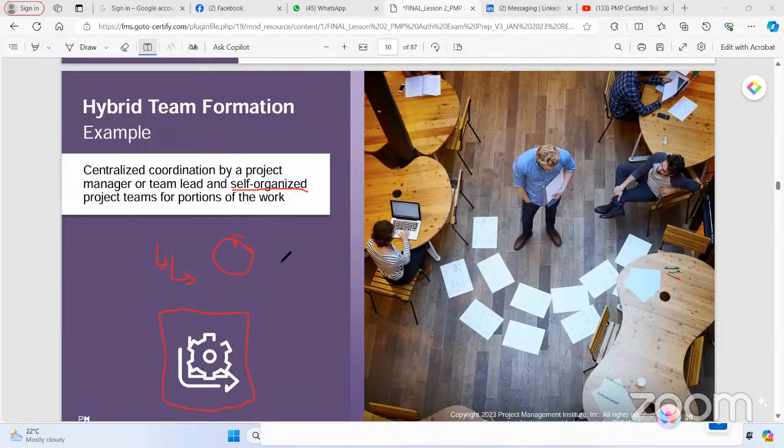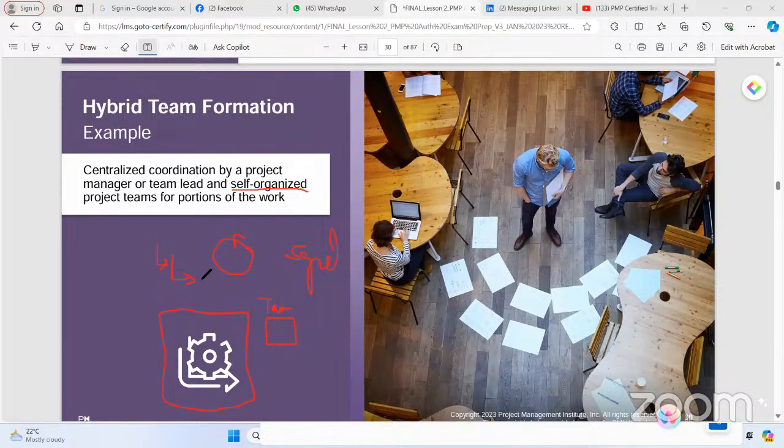So a leader has to manage between these two styles of leadership. For a single squad, they are well organized. But for a certain part of the scope, he might have a different team which needs to be advised on what needs to be done.